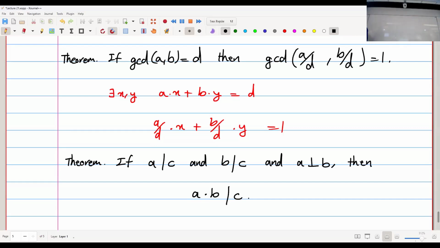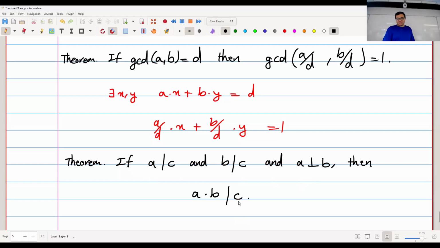Now, all of you have this idea in your mind that, well, if only I could just say, let's look at the prime factorization of A and the prime factorization of B, right? So what is this theorem saying in terms of prime factorizations? It's saying that, well, A divides C, so the power of every prime in A is less than or equal to the power of the same prime in C. And the same thing between B and C. And then A is relatively prime to B, so they don't have any common prime factors.